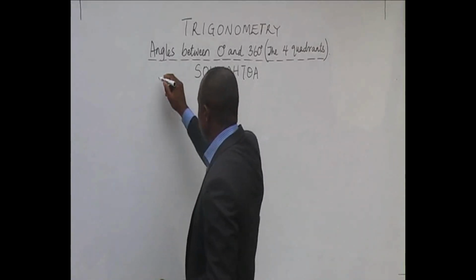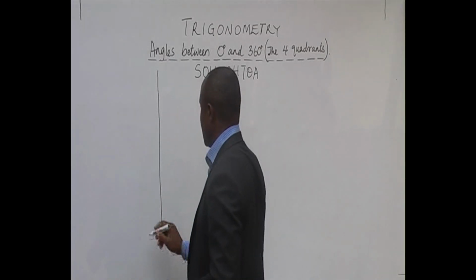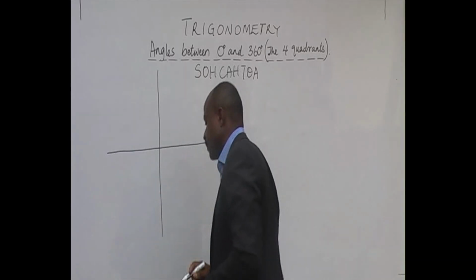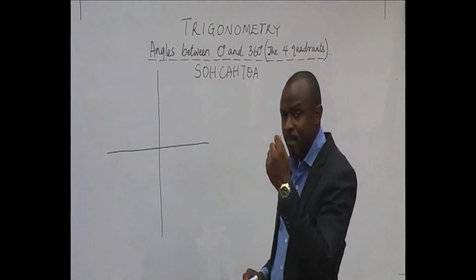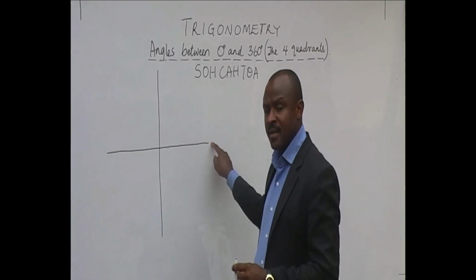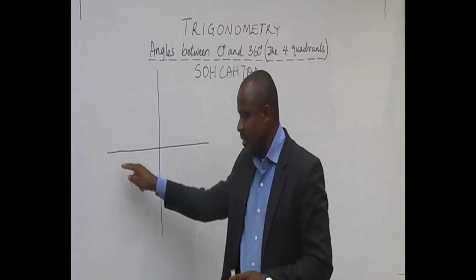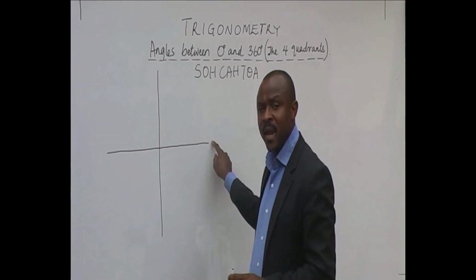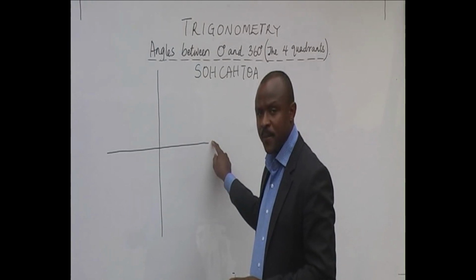The quadrant is the relationship between the vertical axis, which is the y-axis, and the horizontal axis, which is the x-axis. In any of them, the measurement of the angle starts from the horizontal axis, which is the x-axis, and moves anti-clockwise until it comes back to where it started after it had made a complete circle, which is 360 degrees.